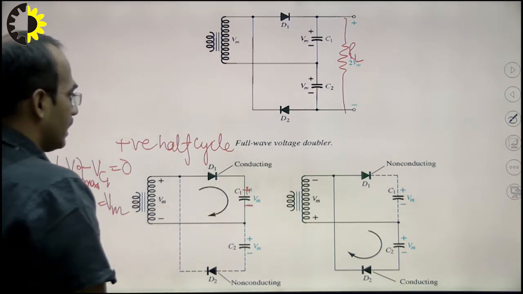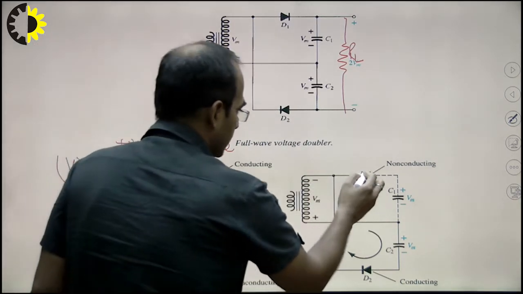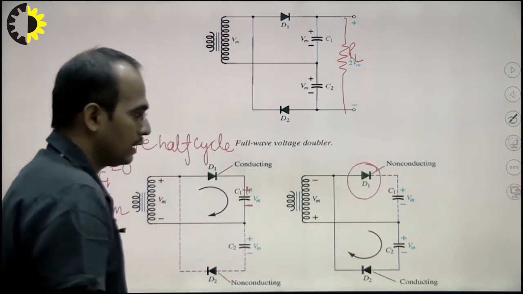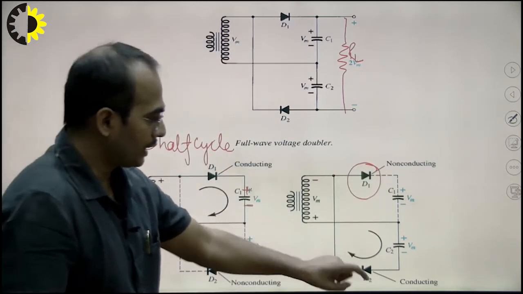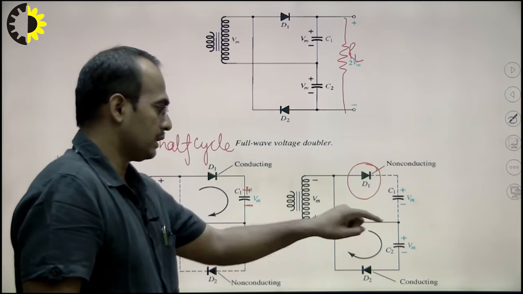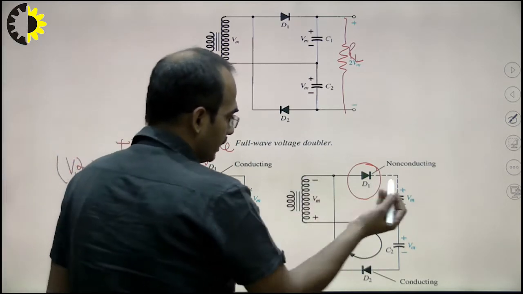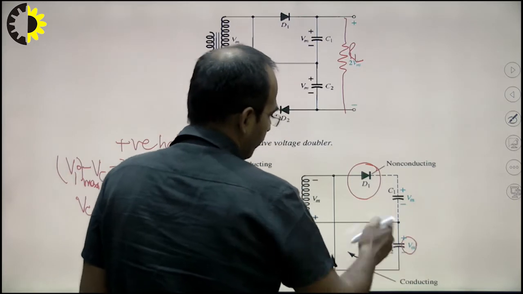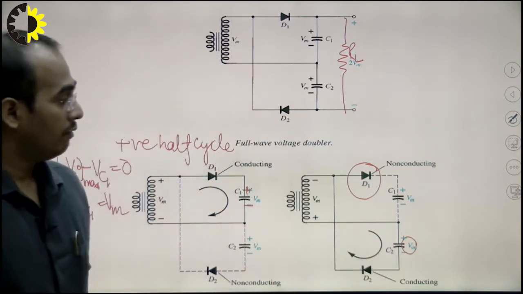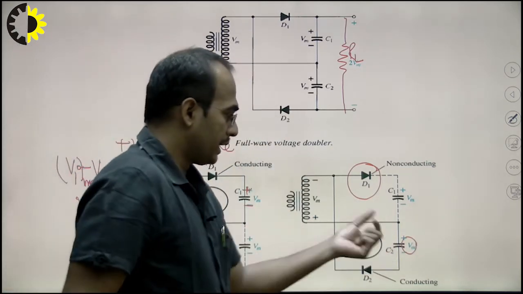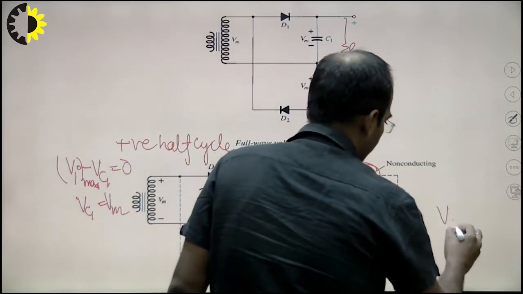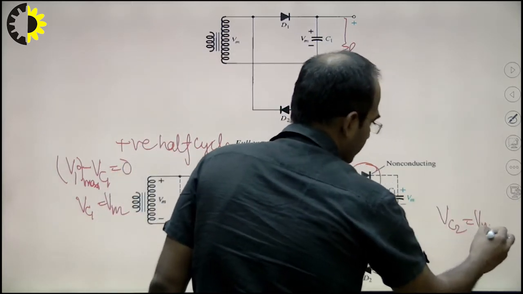The next half cycle will make this diode reverse biased, so it will not conduct, and this diode D2 will conduct. When diode D2 conducts, this capacitor will charge up to the peak value of the input. What will be that value? You can find it by applying KVL. When I apply KVL, I get Vc2 is nothing but Vm.